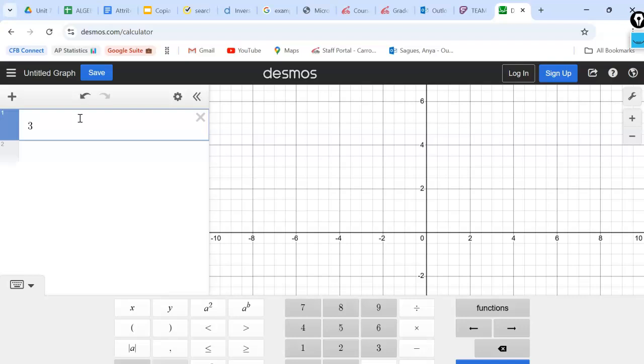Now, for the third problem, I want to see what exponent is going to give me 1 over 27. When I start from 1, immediately I have a whole number. And every time I make my exponent bigger, the number that it equals is going to get bigger. So obviously this isn't working out.